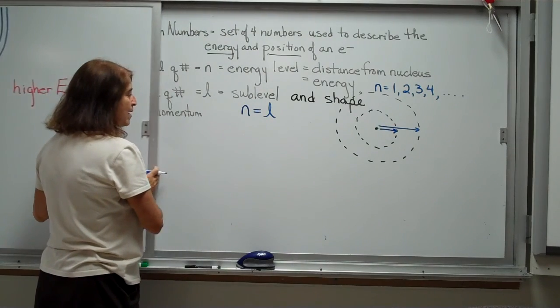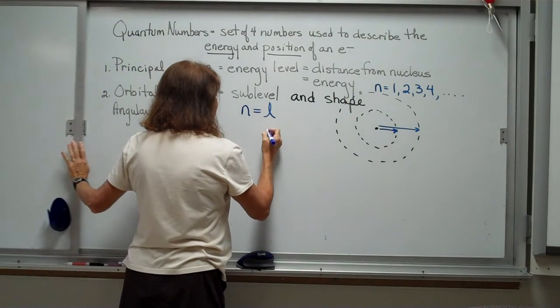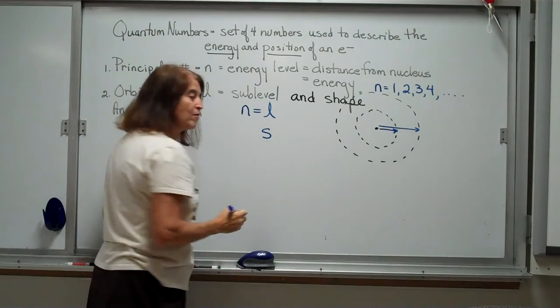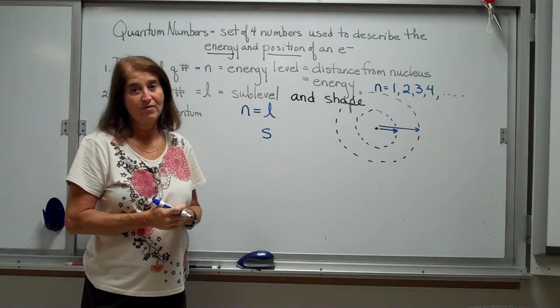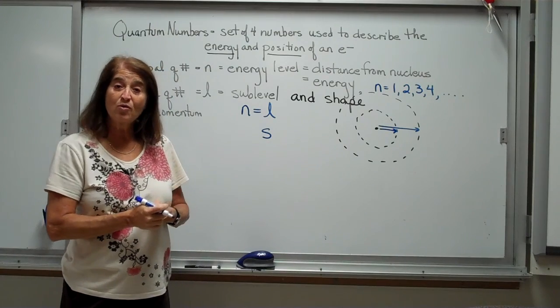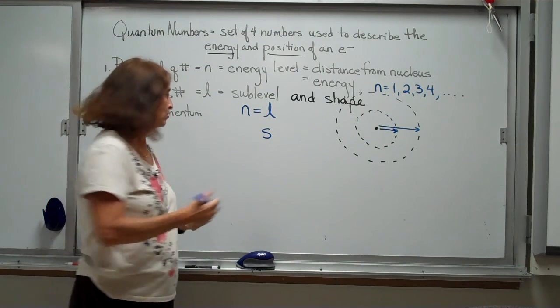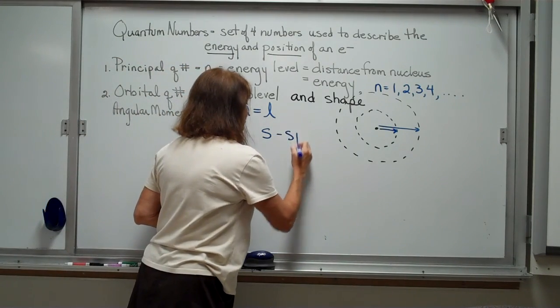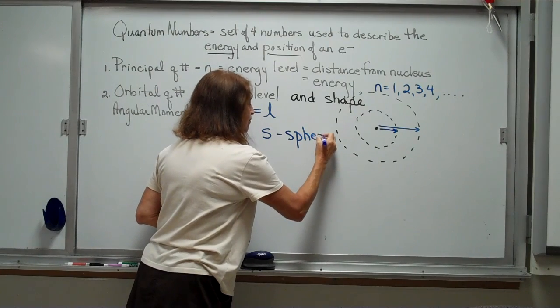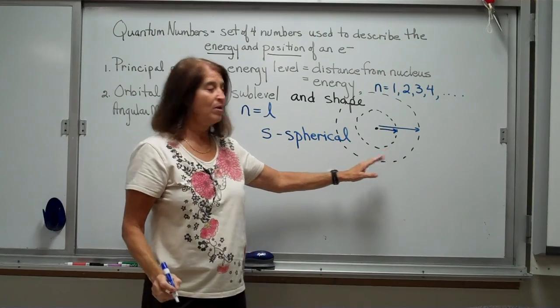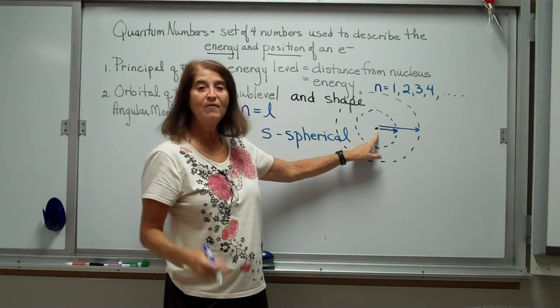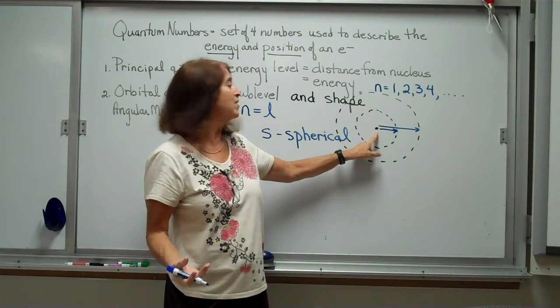Let's take a look then. Because if we're talking about our sublevels, the S's are the first sublevel closest to the nucleus in every energy level. S sublevels are described to be spherical. And I've drawn for you an example of what this would look like, where you have your nucleus in the center of the atom.